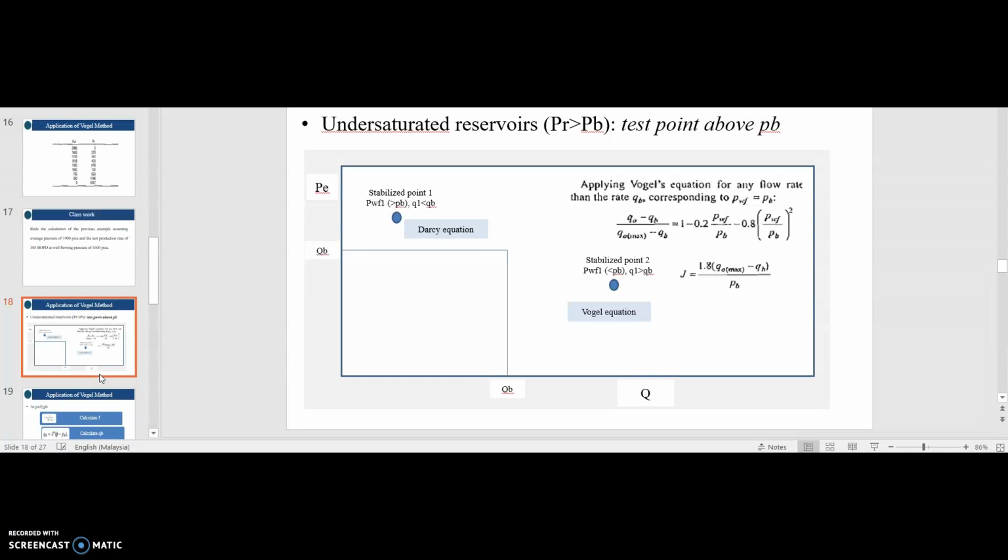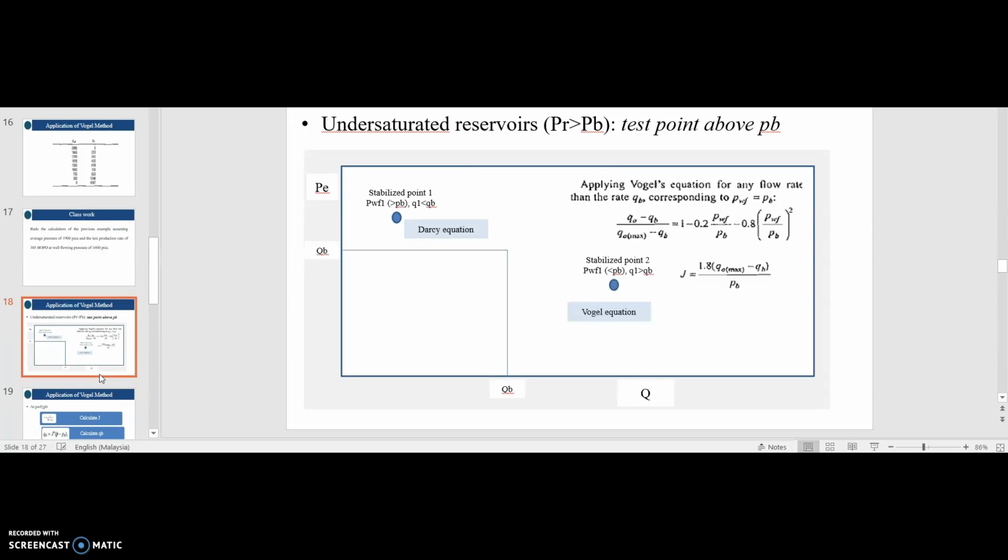Okay, so for today we'll discuss what to do if we have only one test point above bubble point. That means we have an undersaturated reservoir, but this reservoir is expected to be saturated when the reservoir pressure reduces to below bubble point, or maybe the reservoir already became saturated, but we have no current test point in the saturated range of pressure.